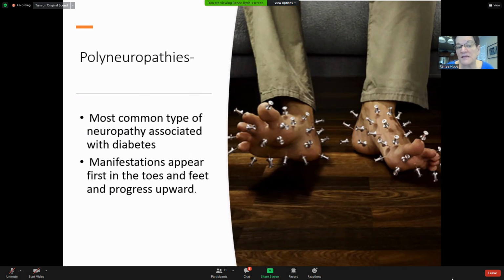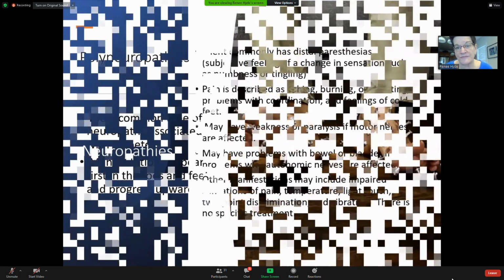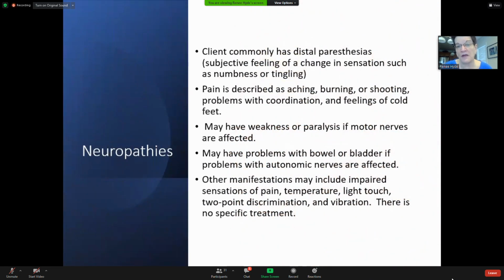Typically you see those funny feelings of pins and needles appear in the toes and feet and then progress upward. Okay, so that's a polyneuropathy. So what you have is numbness or tingling. Some patients describe it as aching or burning or shooting pains, and they have cold feet, because of the lack of blood supply.